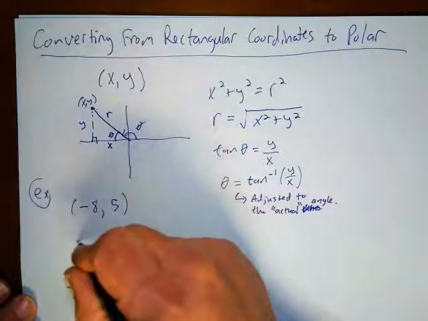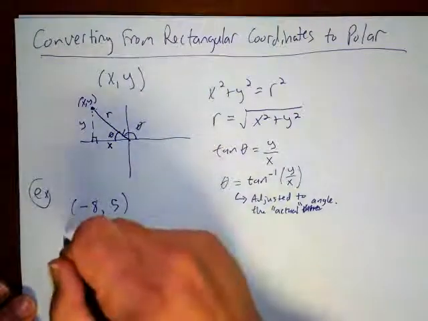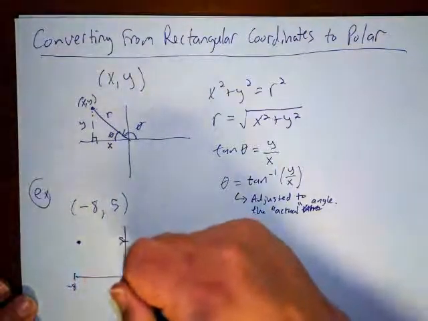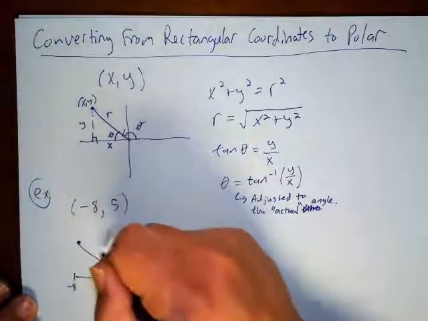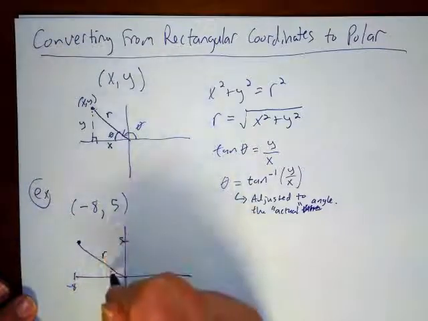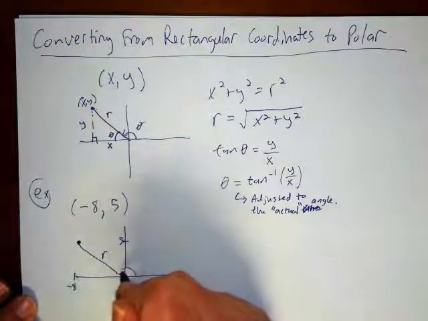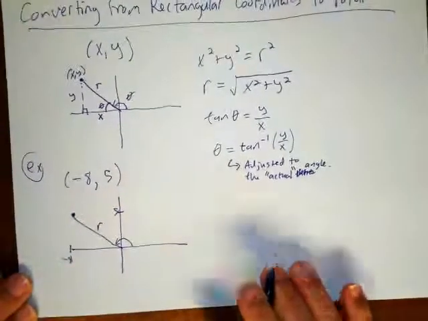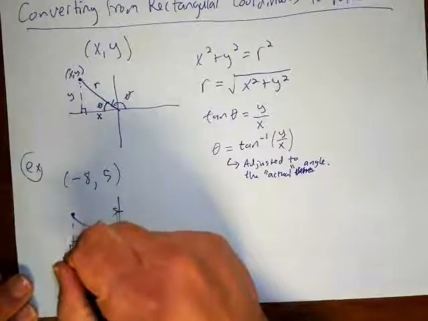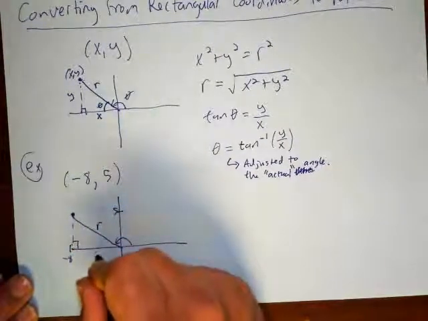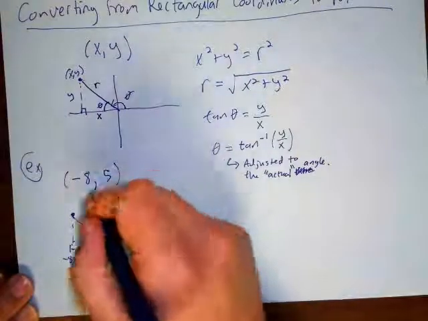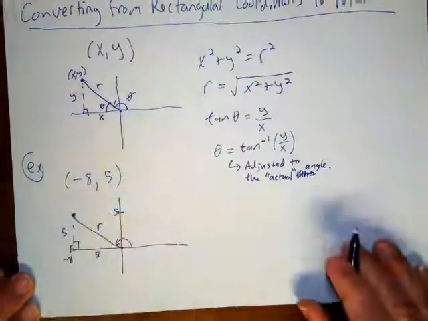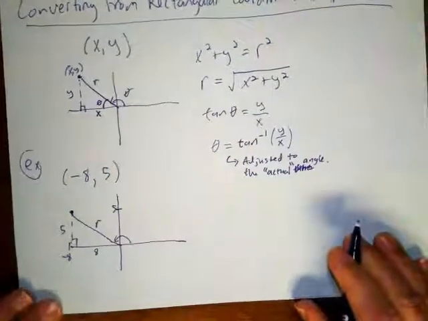And so we have this ordered pair. And we want to get the r here, and then we're going to want to get this theta. Okay, so we'll drop this down, and then this side of the triangle is 8, and this side is 5. And I don't worry about the negatives or anything.